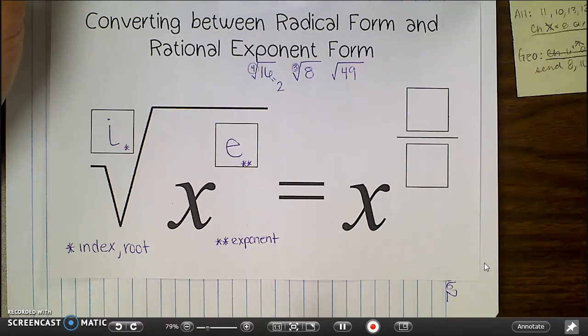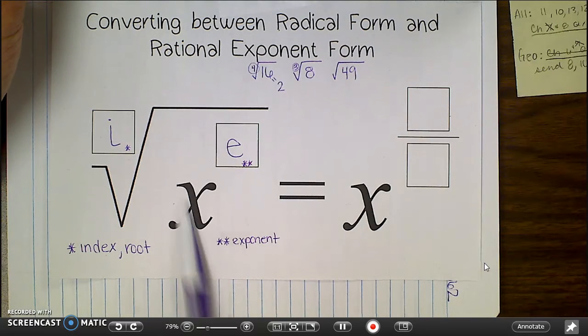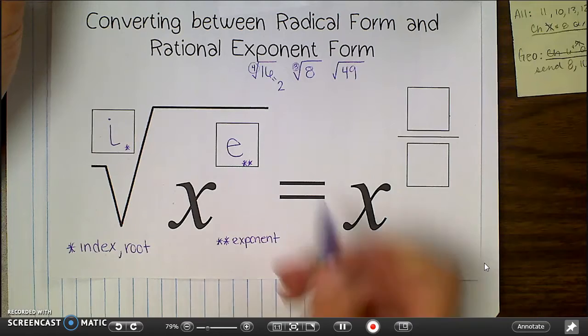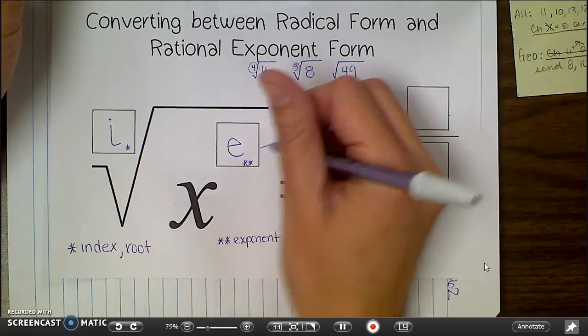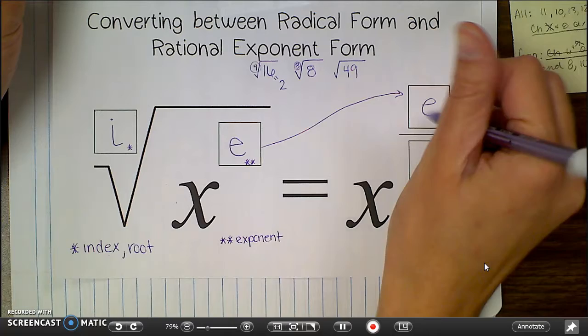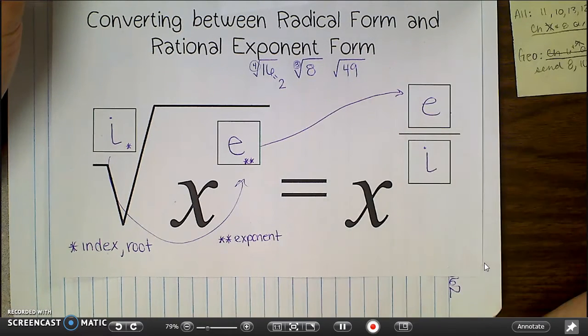Okay, when we take something that's in root form and rewrite it in exponent form, your exponent stays in the numerator. So this stays. Your index goes under. Okay, so we're going to try a few, just rewriting it first.